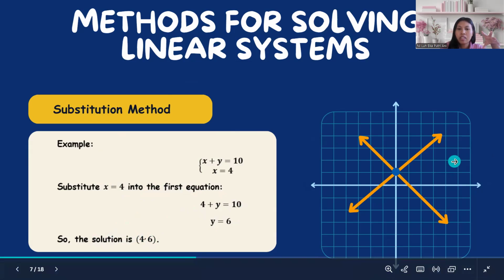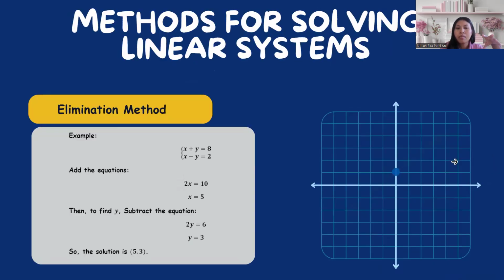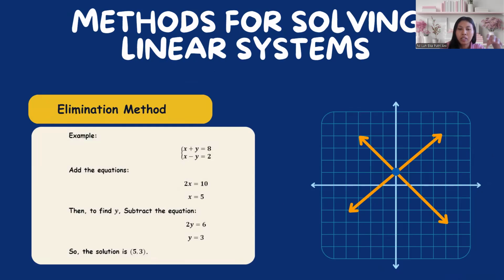The second method is the elimination method. In elimination, one variable is removed by adding or subtracting the equations. For example, we have x plus y equals 8 and x minus y equals 2.